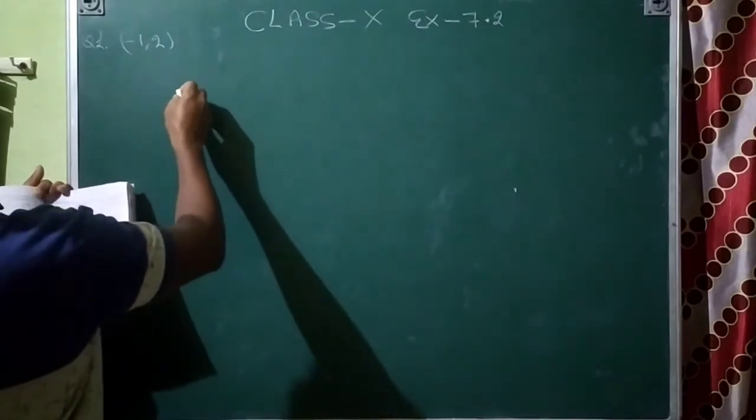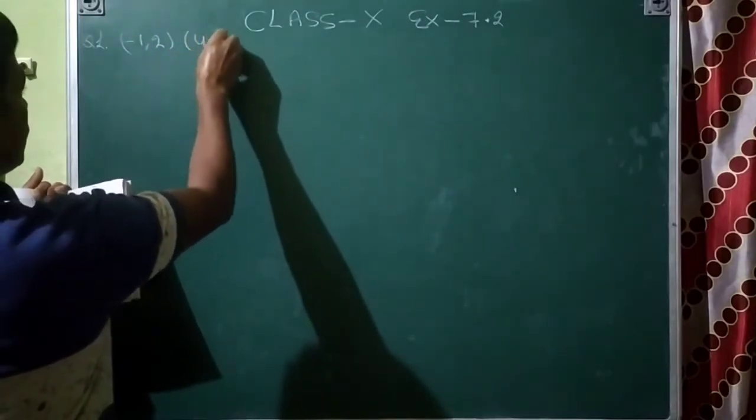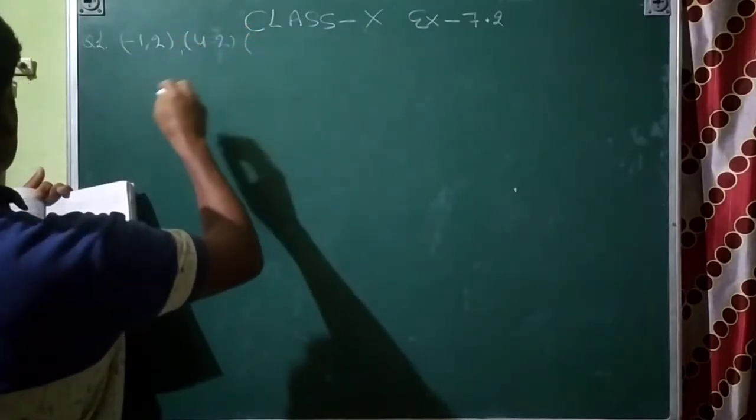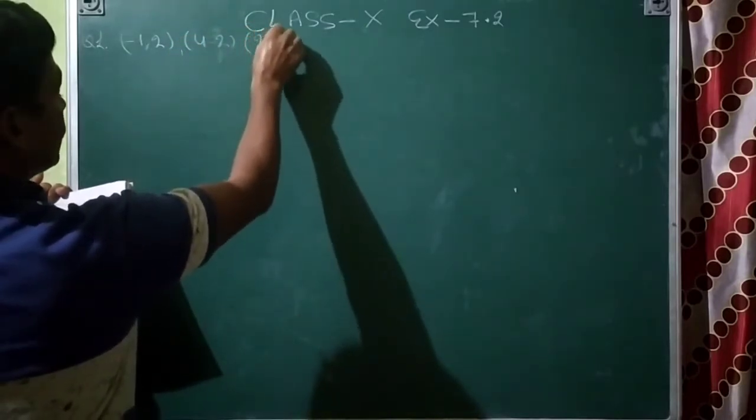The points are (-1, 7) and (4, -3), and the ratio is given as 2:3.